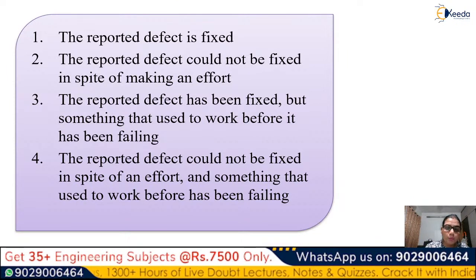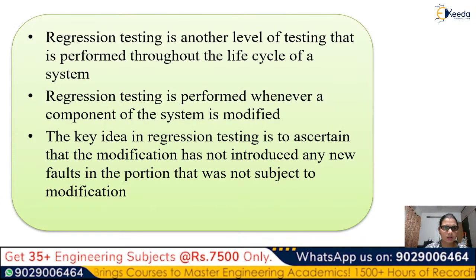Sometimes reported defects have been fixed, sometimes they have not. Sometimes it seems fixed, but it does not give the output as expected. And sometimes you will not see the defect anywhere, but you still get the wrong output. So this is some kind of intermediate error. Then the reported defect which has not been fixed in spite of effort keeps failing. So these are the features of it.